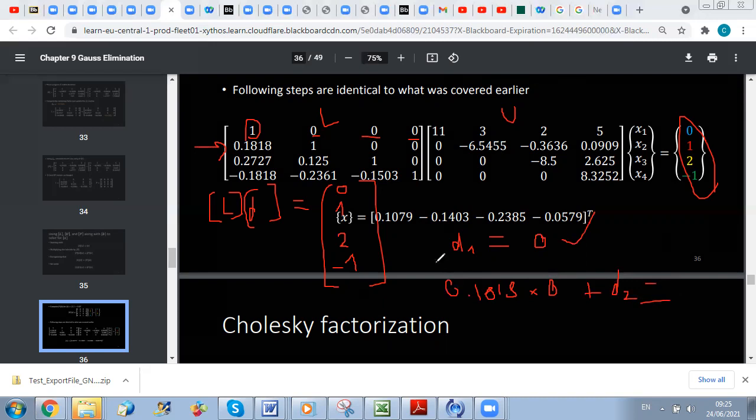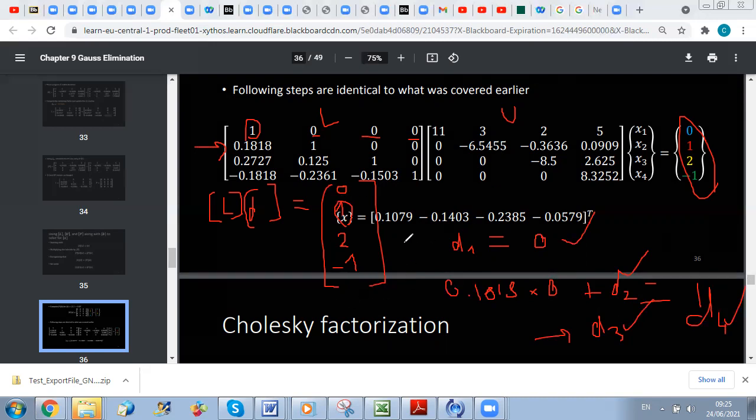What do you take now? The second element, 1. Exactly. You get D2, then you proceed in the same way. You get D3, you get D4. Once you have D1, D2, D3, D4, you completely define vector D.